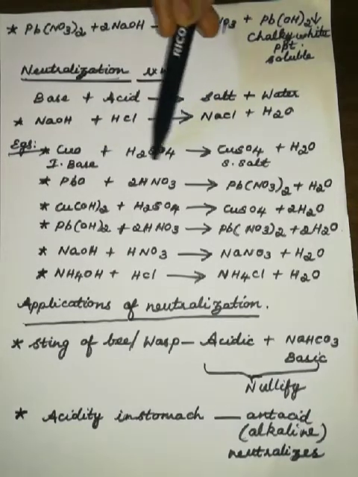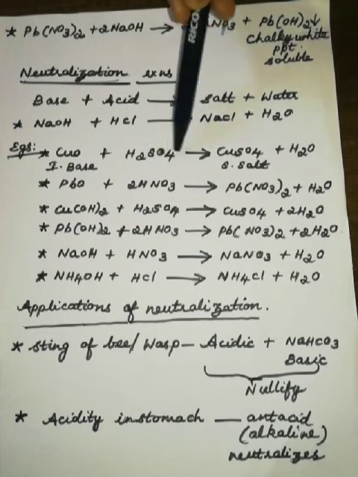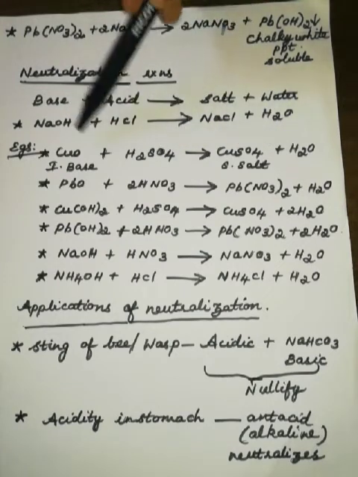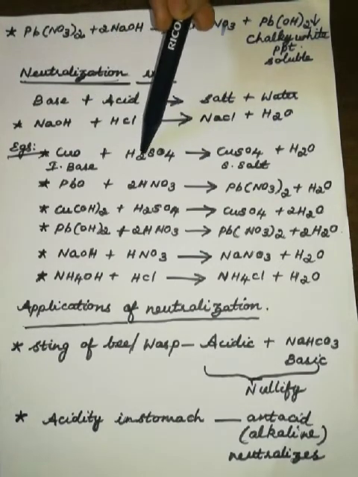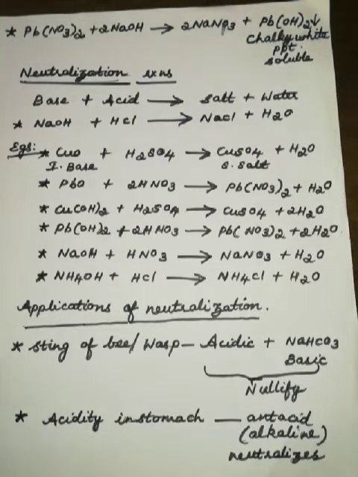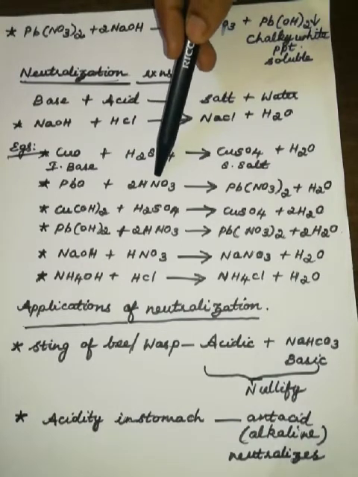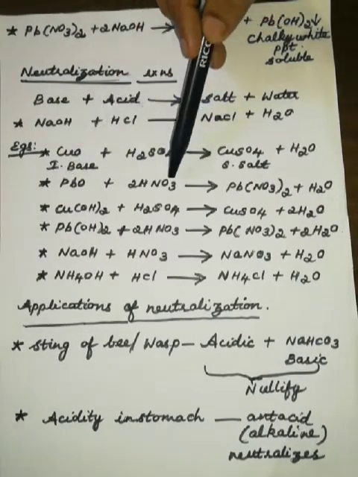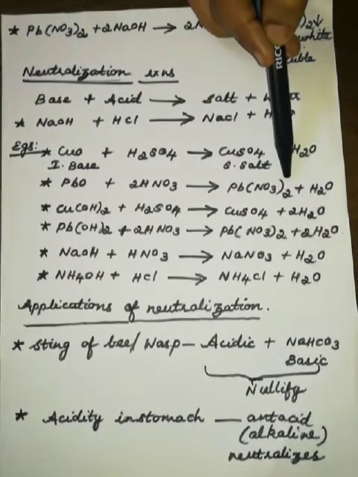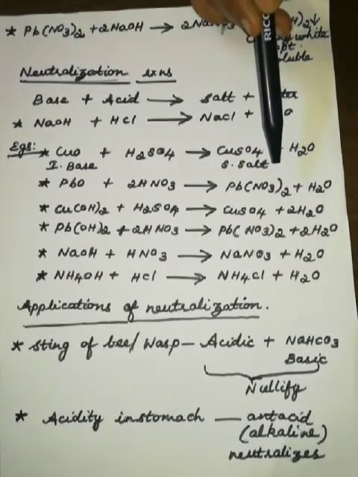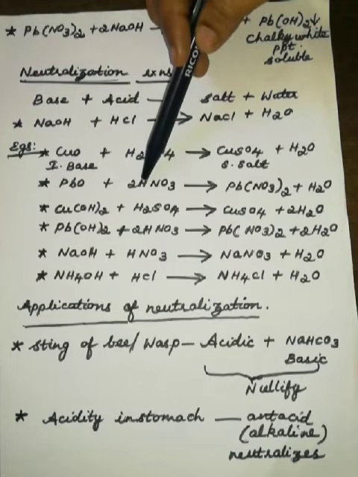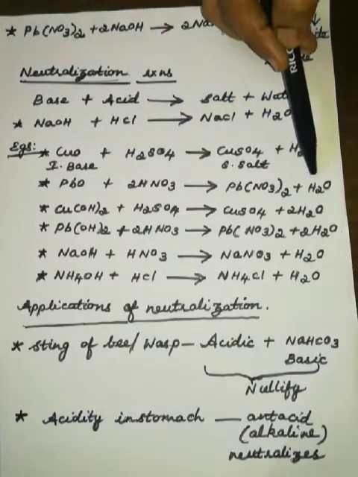Cu takes up this radical, exchange of radicals, CuSO4, and this oxygen is given up to the hydrogen to form water. Likewise, lead oxide, if you take, treated with a different acid, nitric acid, gives Pb(NO3)2, lead valency 2, always we take lead valency as 2. And left out is hydrogen and oxygen which form water.